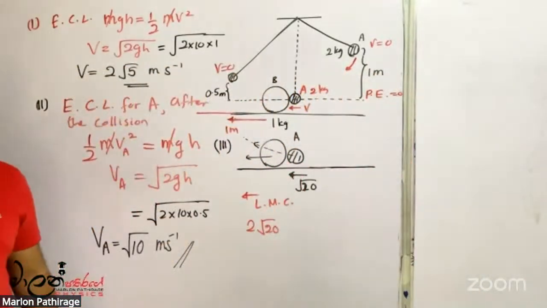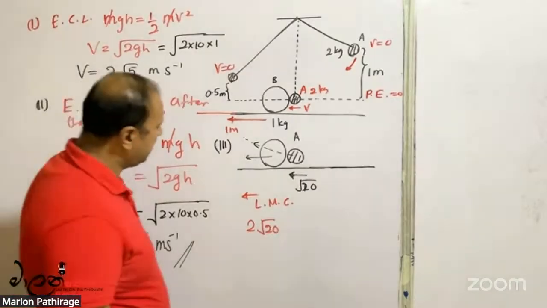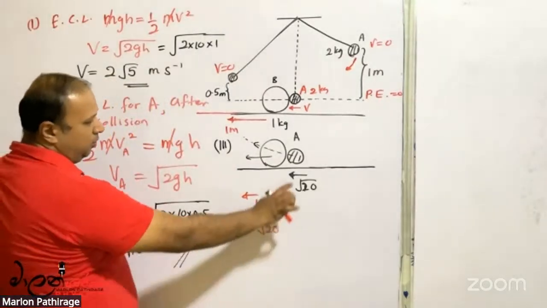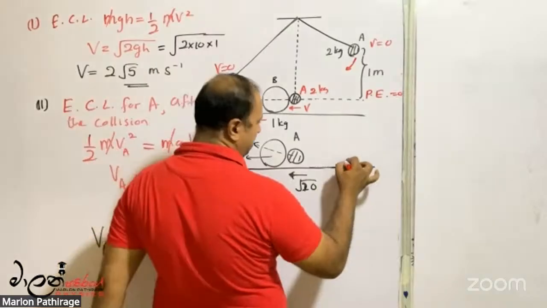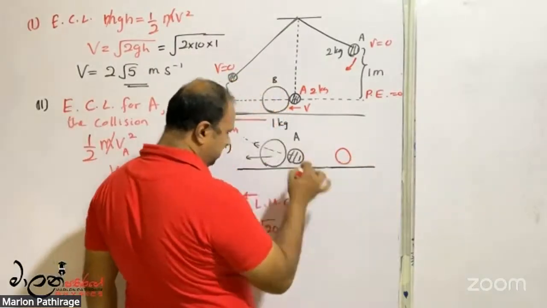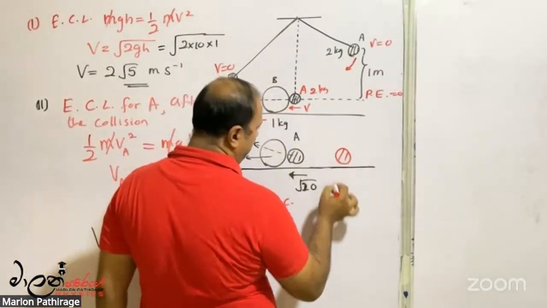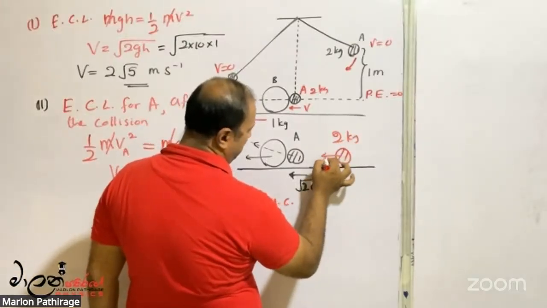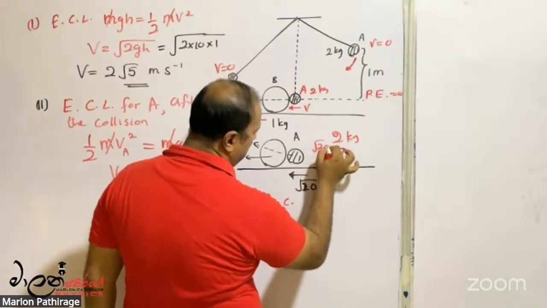Then you need to calculate the speed V just after the collision. Now, this is the initial momentum of the system. The mass is 2 kg, the speed is √20.